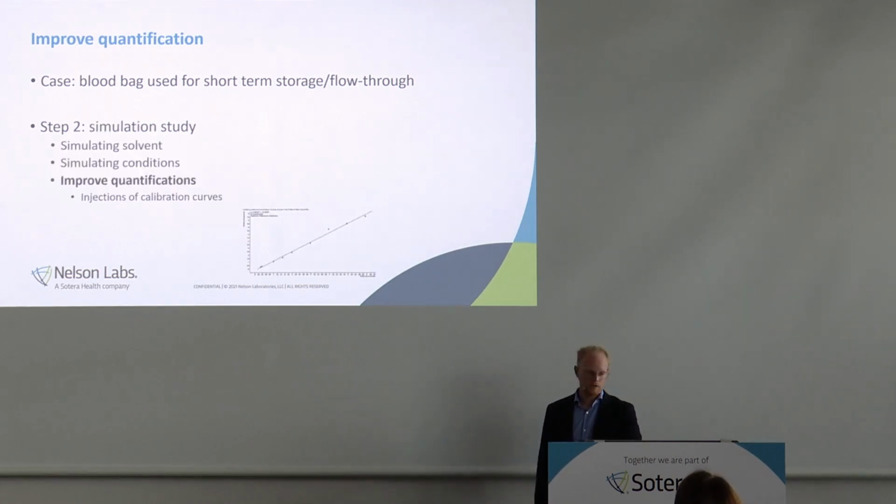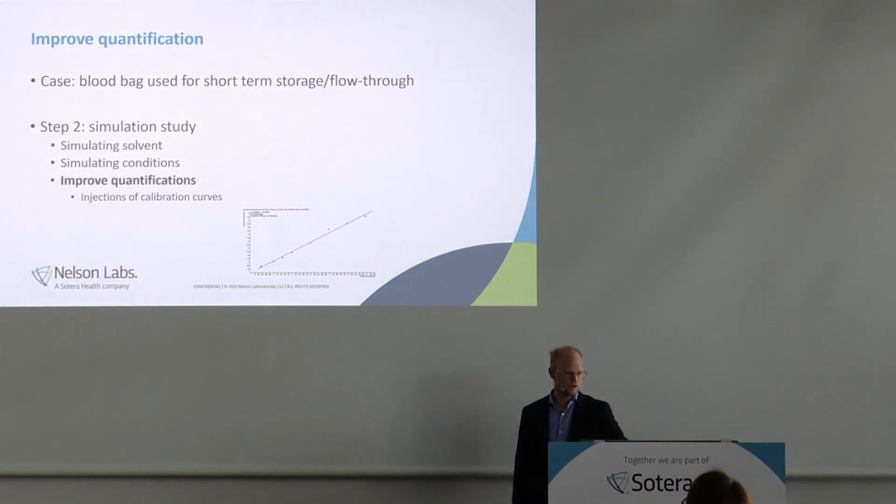Well, okay, let's work on the simulating conditions. Let's work on the simulating solvents, but we can also work on the quantifications, because we have done a first study and we know which chemicals are causing problems for a toxicologist to make his or her judgments. So we can work on the quantification of the analytics.